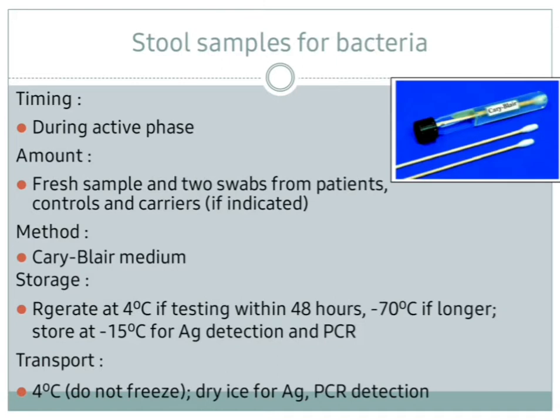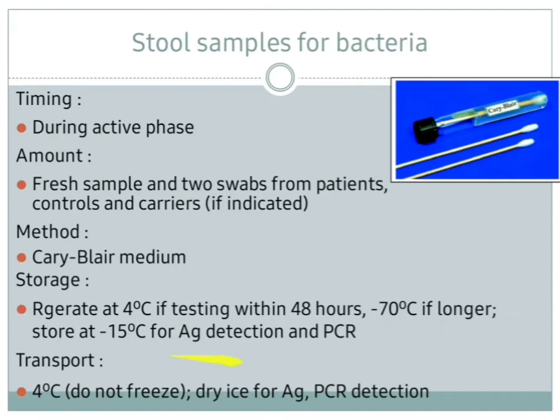This is about the stool sample for viruses. For the bacteria, the timing is during the active phase, and the amount is also a fresh sample with 2 swabs from the patient, controls and carriers. The medium is Cary-Blair medium, and store refrigerated at 4 degrees centigrade if testing within 48 hours, and if it is longer it should be stored at -70 degrees centigrade.